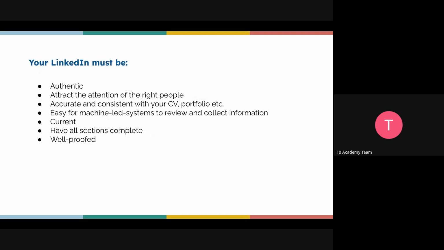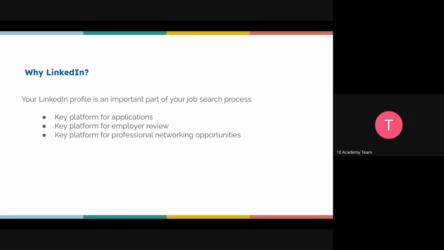Before we go further, here is why you need a LinkedIn. Your LinkedIn profile is an important part of your job search process, a key platform for applications, a key platform for employers to review, and a key platform for professional networking opportunities.